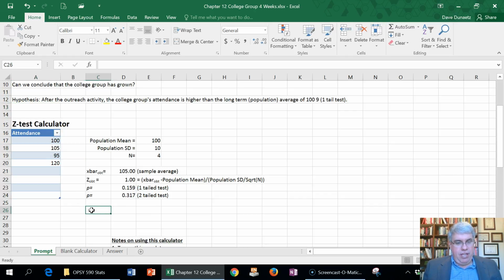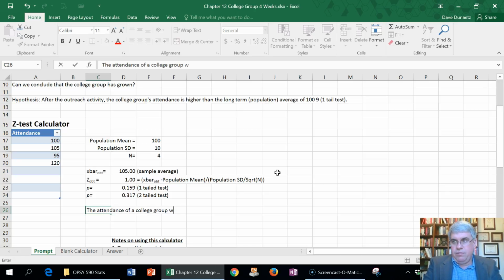So how do we write this up in standard APA format? We can say that the attendance of a college group was measured on several Sundays, and we can say n equals 4.